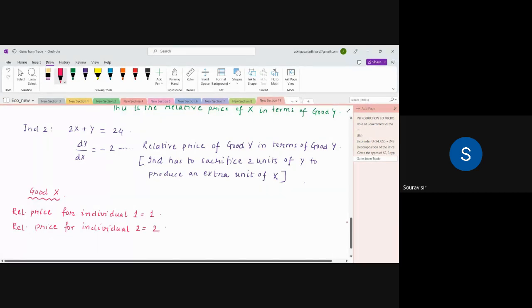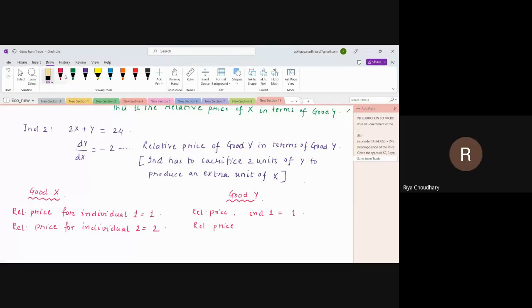It is 2. Coming to good y, what is the relative price for individual 1 then? It continues to be 1. And what would be the relative price for individual 2? Sorry, I've made an error. Half. Correct, 1 by 2, just inverting it.